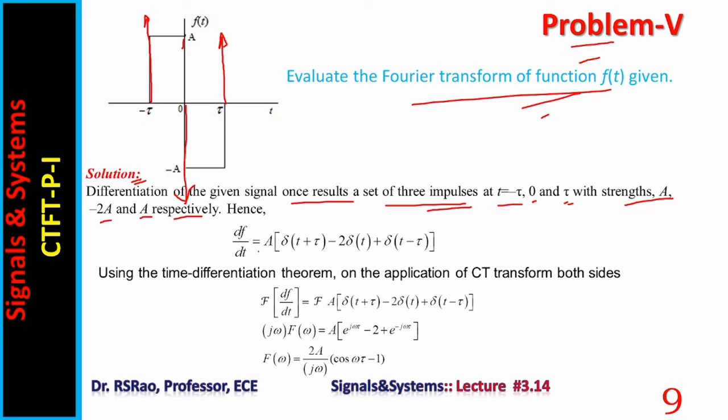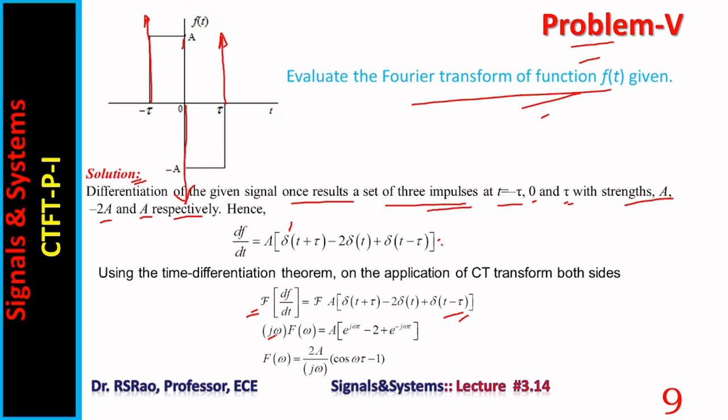So df by dt is equal to a delta of t plus tau, an impulse at t equal to minus tau, minus 2 delta of t, an impulse at t equal to 0, plus delta of t minus tau, an impulse at t equal to tau. Apply the transform on both sides.